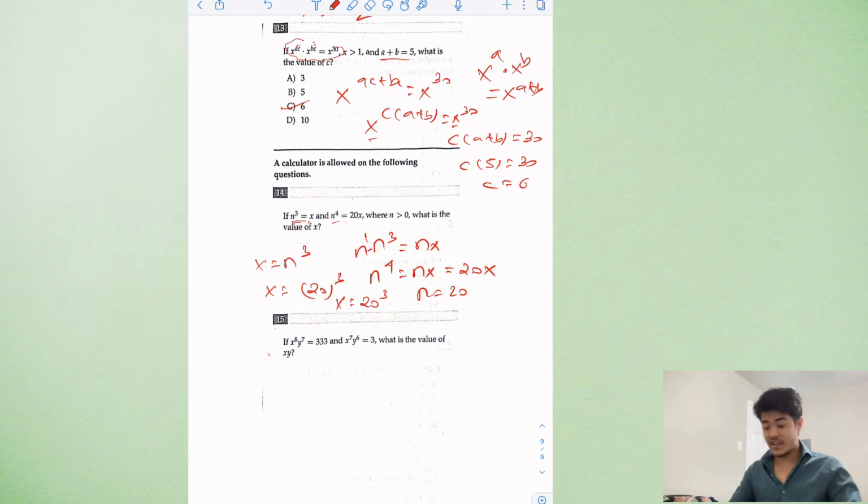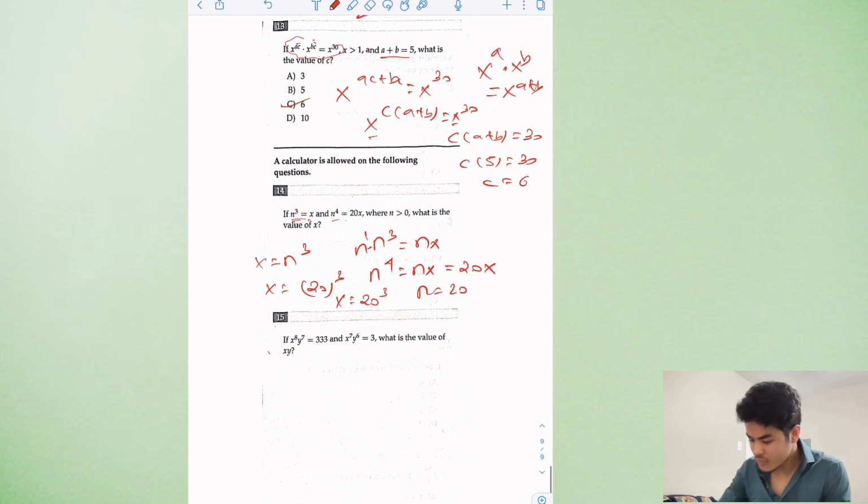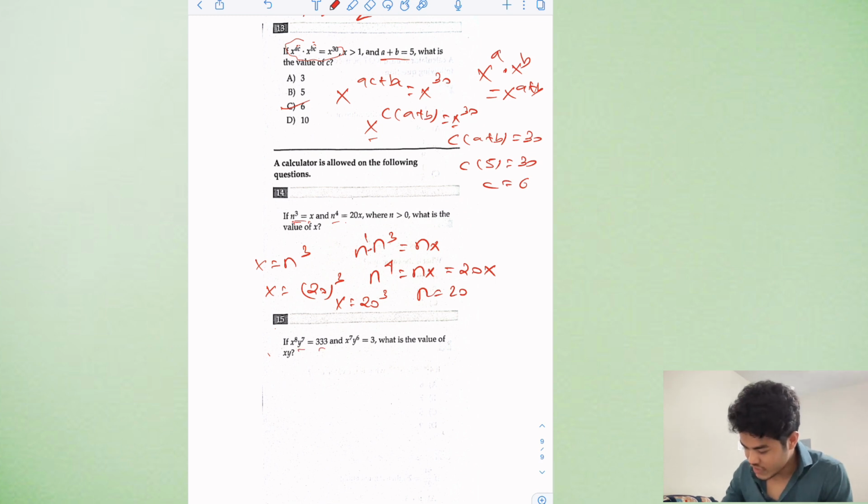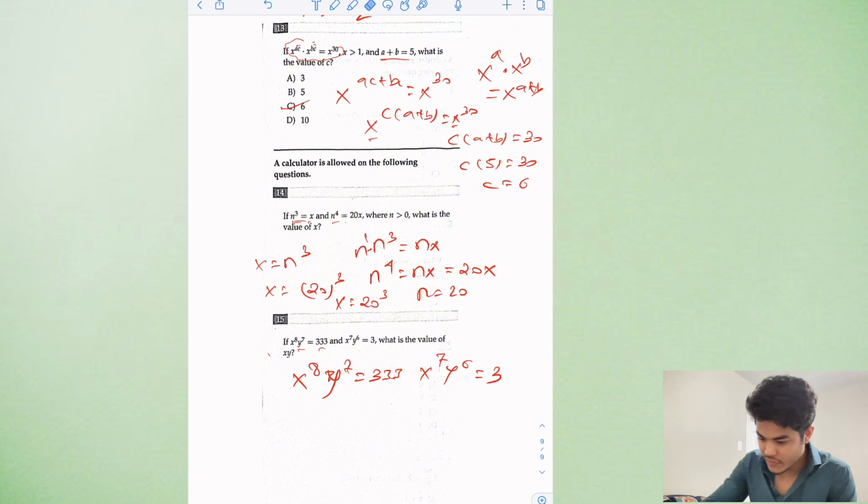And question number 15, and this is our last question. If this term is equal to this, x^7 y^6 equals 333, and this term is equal to 3, what is the value of xy?